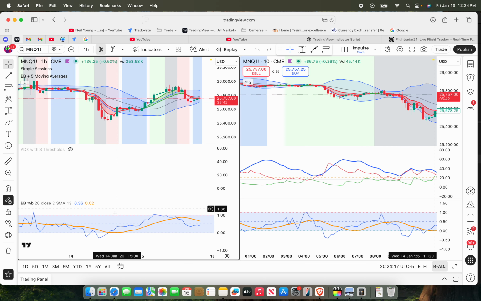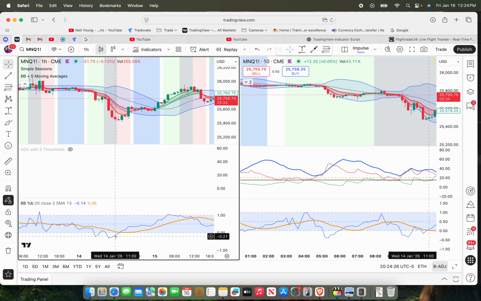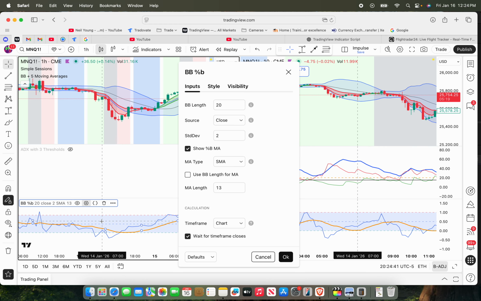So I thought, well, it's pretty good, but I don't need it. And then I thought, you know what, I'm going to put a moving average on this. So now when this blue line, which is price, crosses through the moving average, it alerts me that perhaps this thing is going to go up. And that's just exactly what I've done with this particular indicator. And you can change the length here.